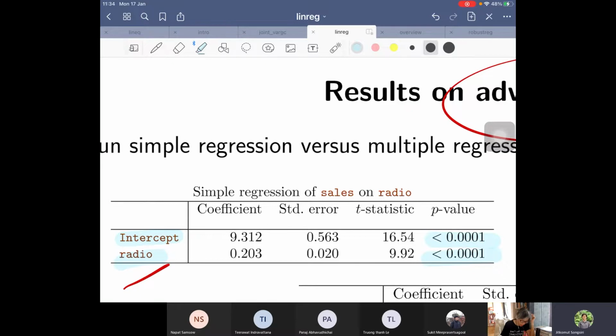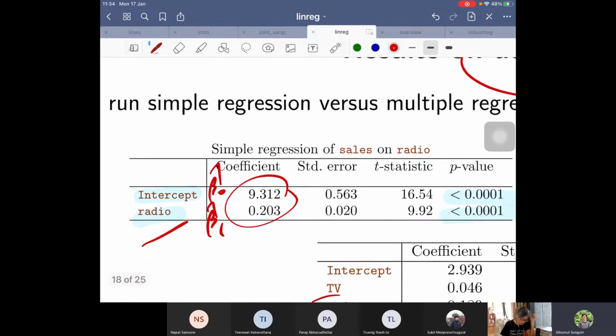How can you read from the coefficient? That is beta 0, that is beta 1 hat. So for radio, it means the amount of money you spend on the radio.